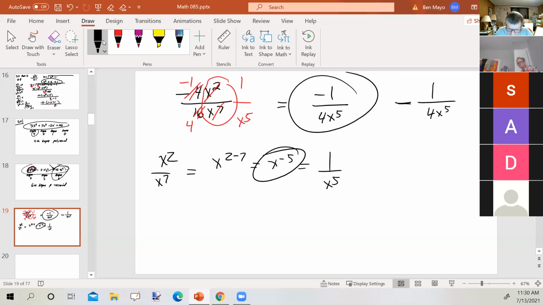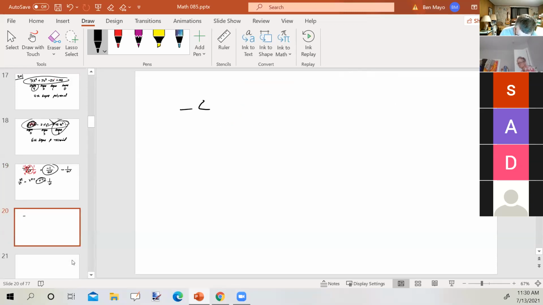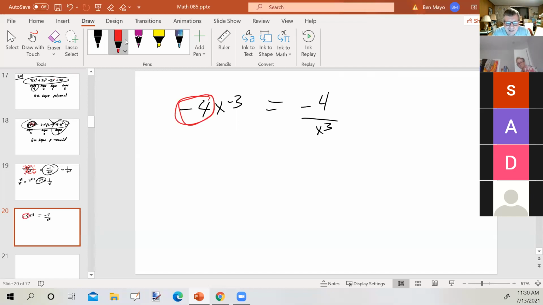Okay, I understand what you're talking about, and let me give you this problem. Let's just say we have this negative 4x to the negative 3 power, and the directions say, rewrite this monomial using positive exponents only. Now, this is not an exponent. This is an exponent. There's nothing we can do to the negative 4 coefficient to make it positive.